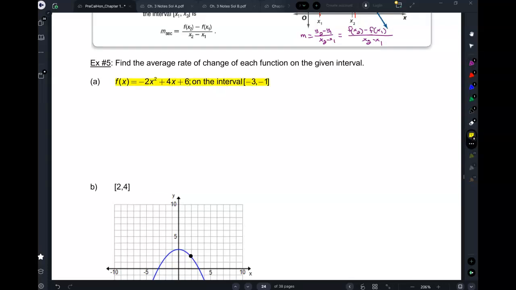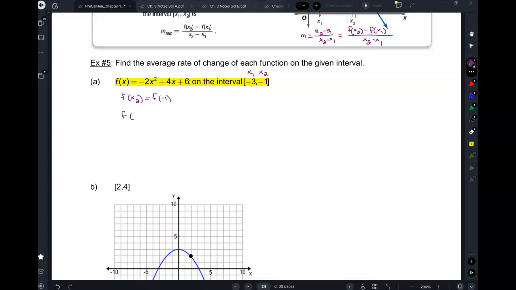This is an interval, -3 to -1. So this is x1, this is x2. f of x2, I plug it in to the right, and it's 0. So that's f of -1.